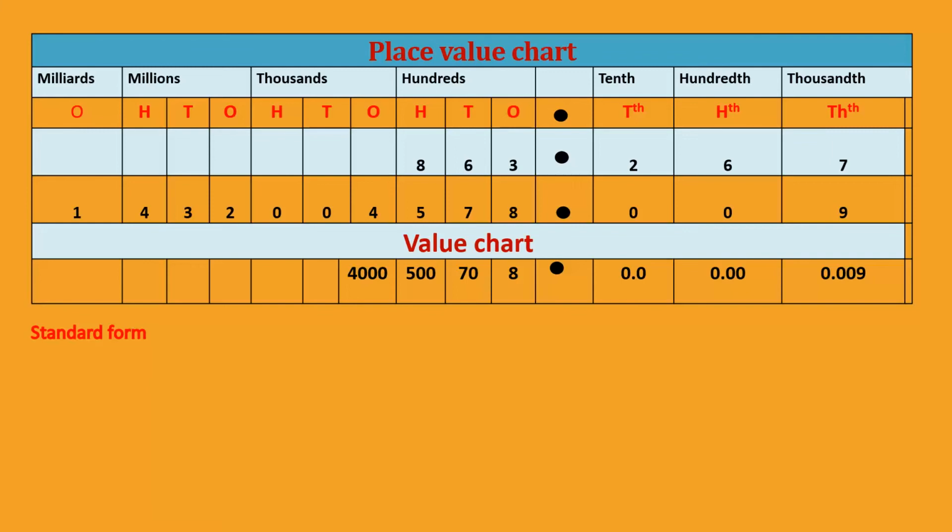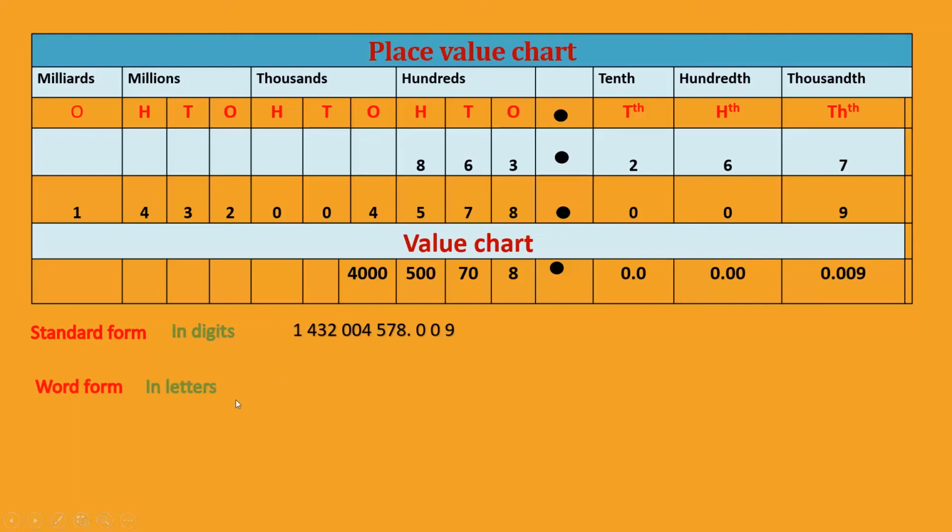Okay, let's see the standard form. How to write the number in standard form. From the previous year, we know that standard form means digit form. So we will write this number in digit form like this.